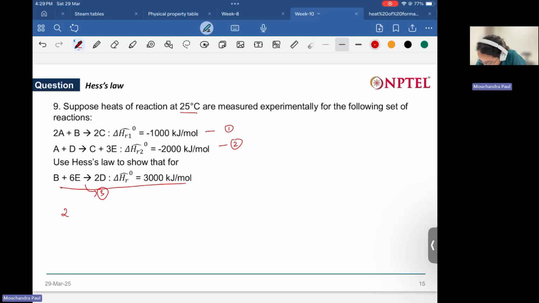So let's try first adding 2A plus B, that is reaction 1, with twice of reaction 2. Let me simplify this here only.